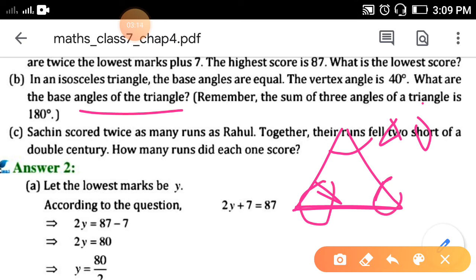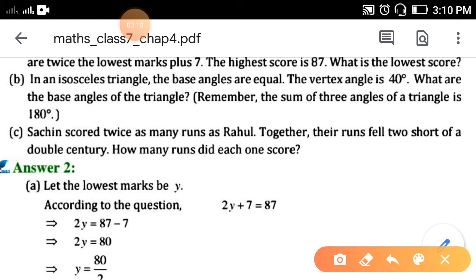Remember, the sum of three angles of a triangle is 180 degrees. So three angles, let me draw here. These two are the base angles, and this is the 40 degrees. And these two base angles, let the base angle be B. B we have supposed as alphabet. What is the sum of three angles of a triangle? 180.